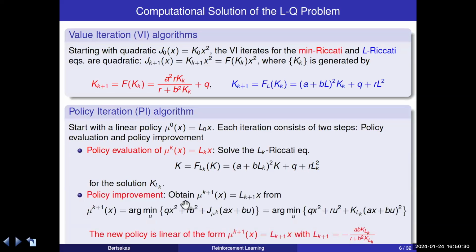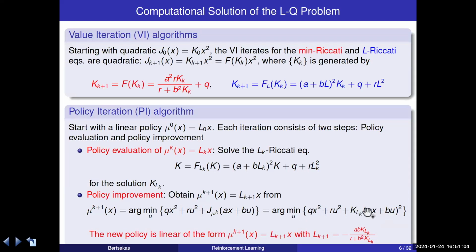And now the next step is policy improvement to obtain the next policy, which turns out again to be linear with coefficient LK plus 1, and is obtained by minimization. The same minimization that you do in Bellman's equation, but instead of J star, you use the cost of the current policy, this KLK x squared. So after we do that, then we have a quadratic problem in u.